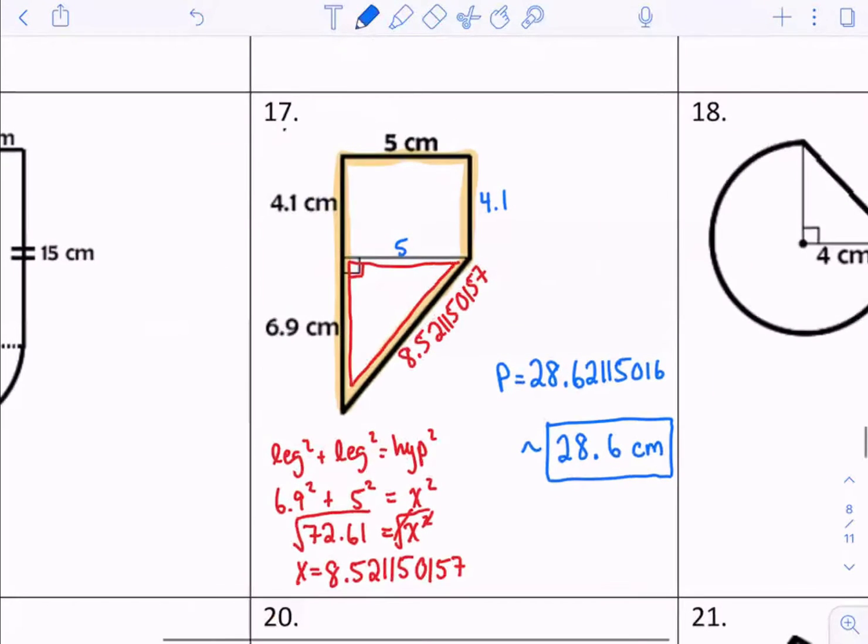And I know it didn't ask us to round, but since for this one we had no choice but to round, that is our answer.